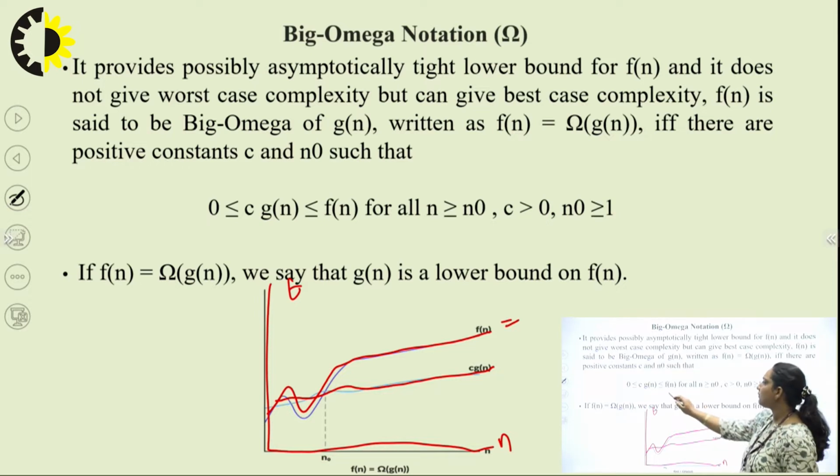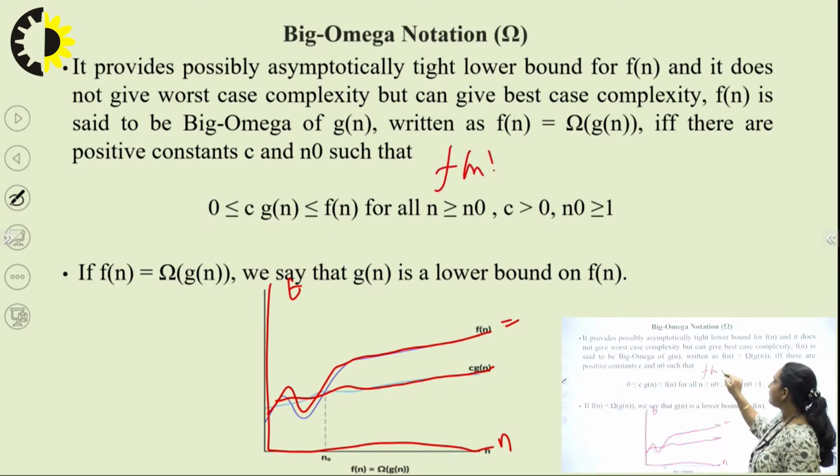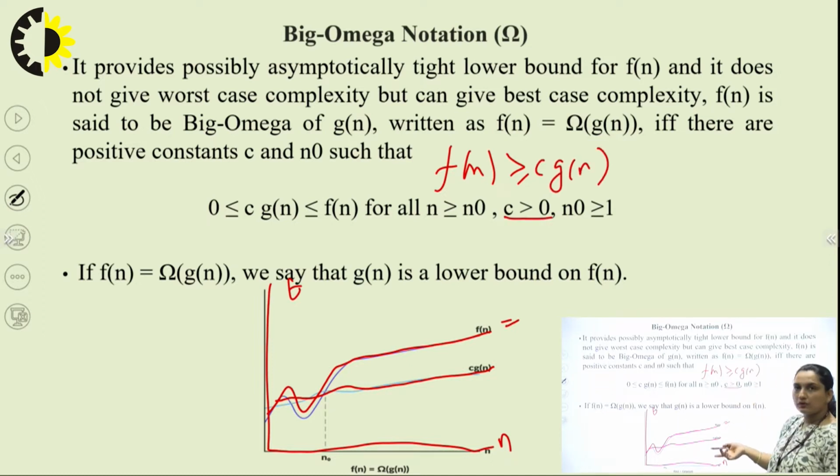So we have a function, this is the f of n function. f of n has to be greater than or equal to c of g of n, and we have a situation where c is greater than 0, same as big O notation, n naught is greater than or equal to 1, and n is greater than or equal to n naught.